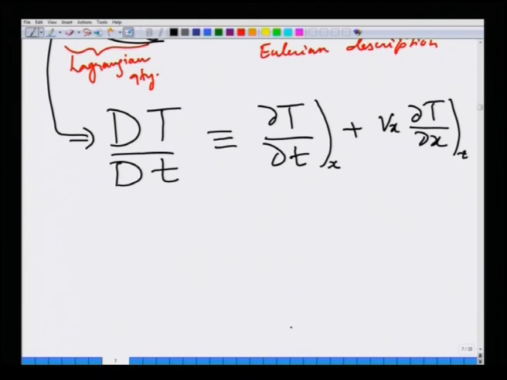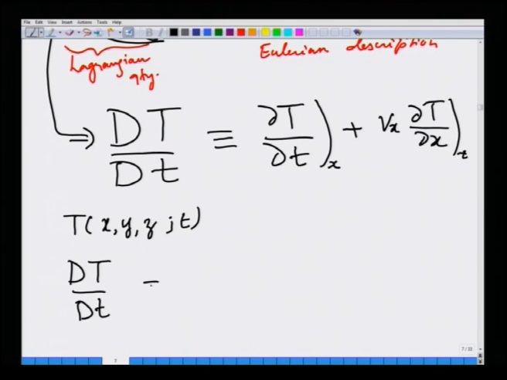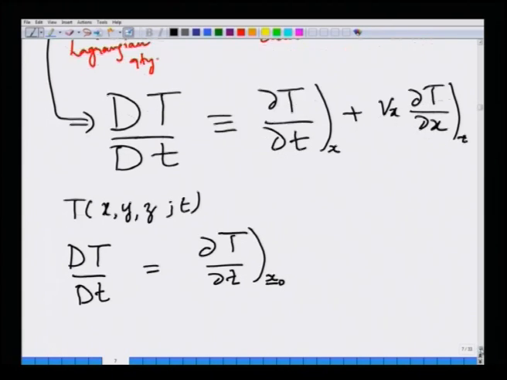Now, I can generalize this to more dimensions. Instead of just having one dimension, suppose the temperature is a function of not just x, but x, y, z and time, then what is the substantial derivative? The substantial derivative is the time derivative of temperature as you follow a particle. Okay.